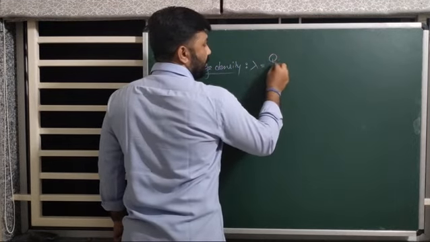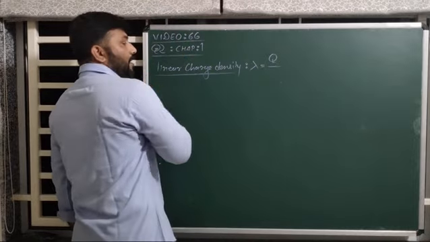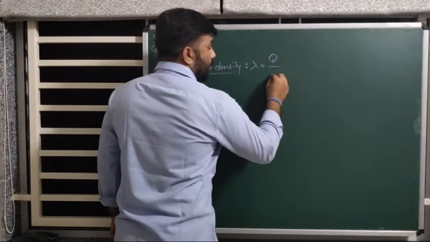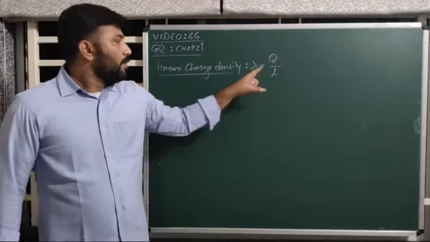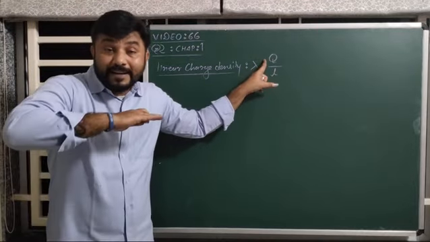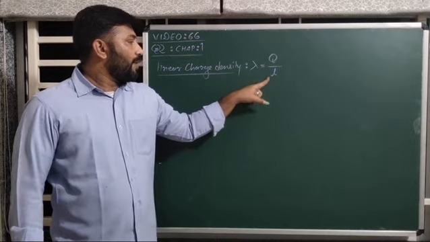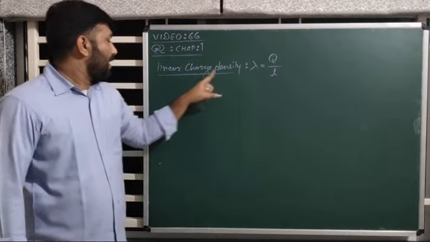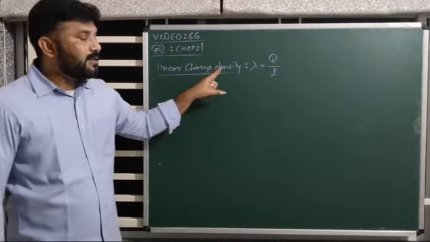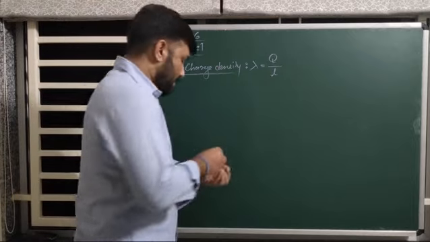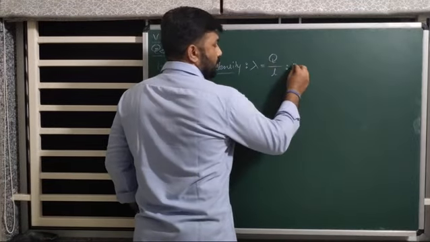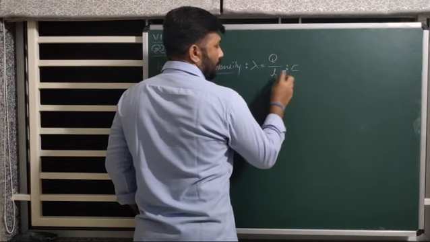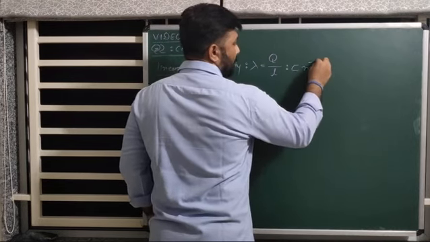Charge means Q, and linear means line, so Q by L. Okay? So the amount of charge distributed per unit length is known as lambda, linear charge density. It has a unit. Which unit? Charge, coulomb, length, meter inverse.